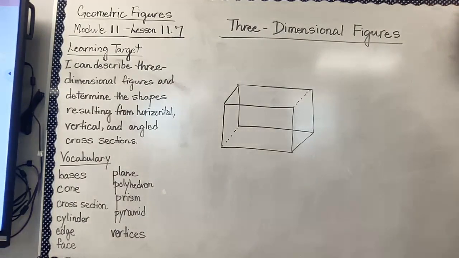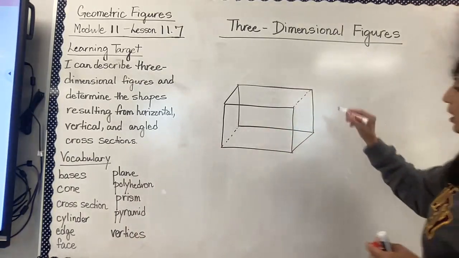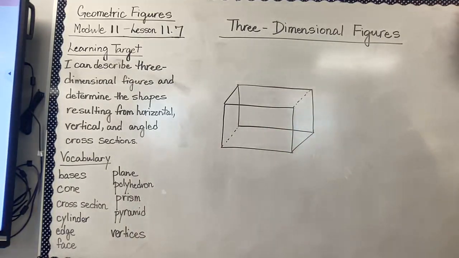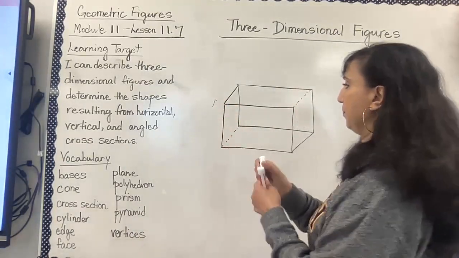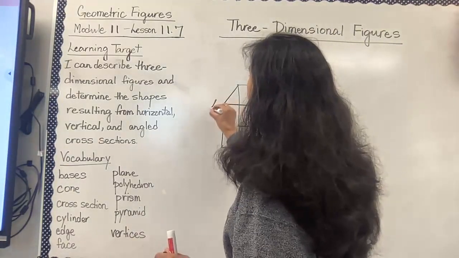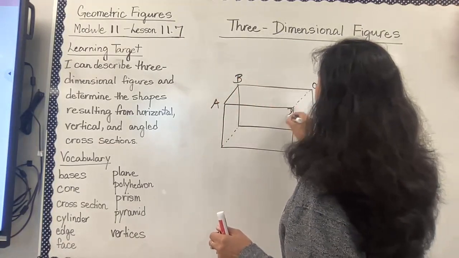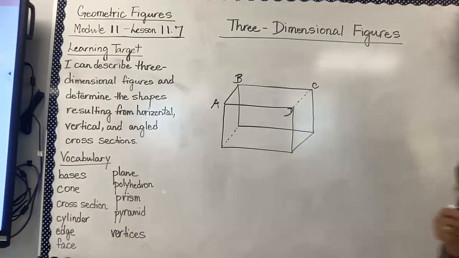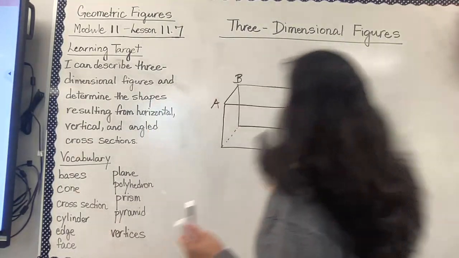And so if I try to describe what these words are, let me label this A, B, C, D. The D is not very clear, let me just do this again.